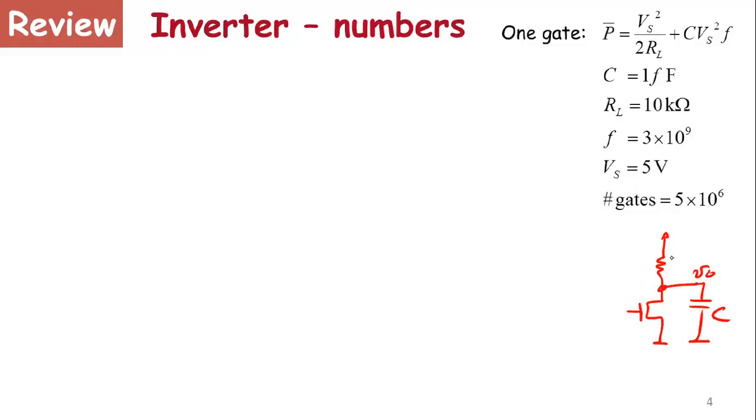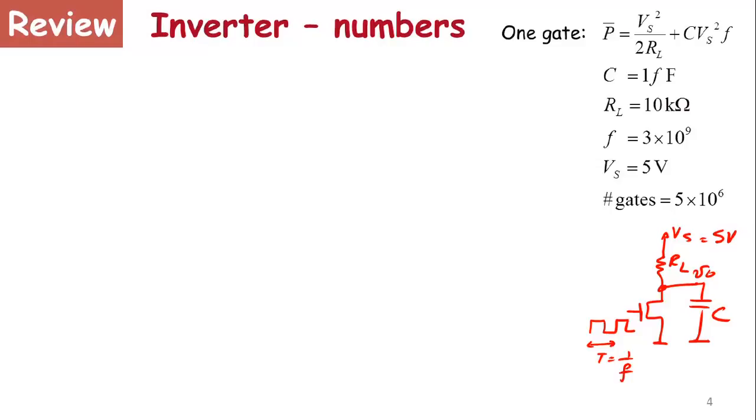Again, this is C, this is RL, this is Vs, and the input has a square wave with the time period t, which is equal to the reciprocal of the frequency. Vs is 5 volts.